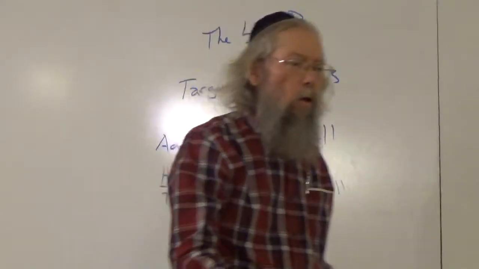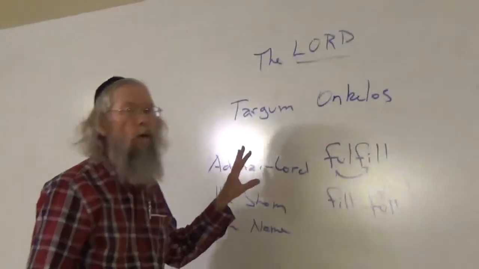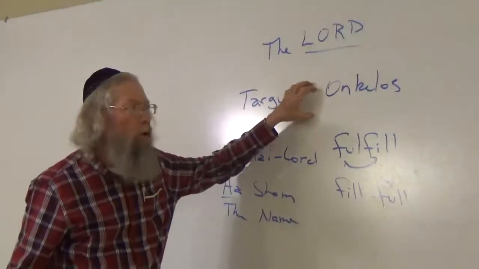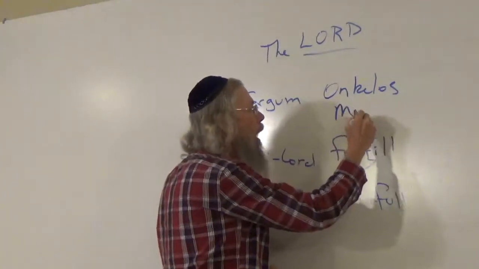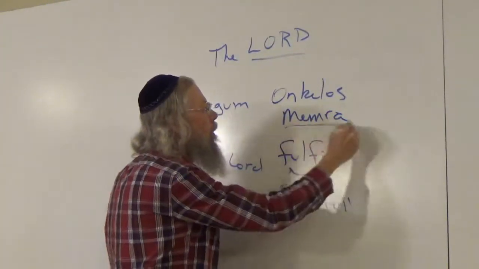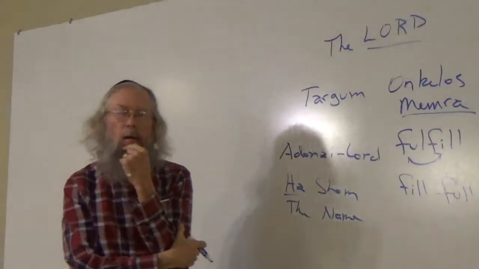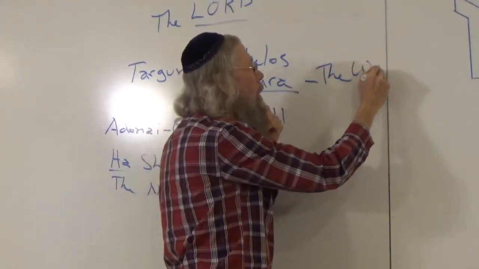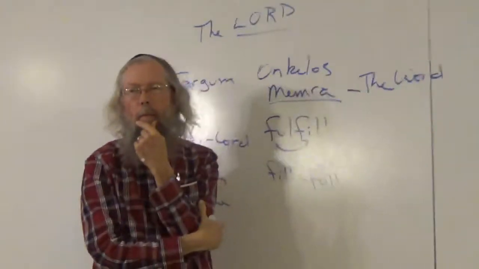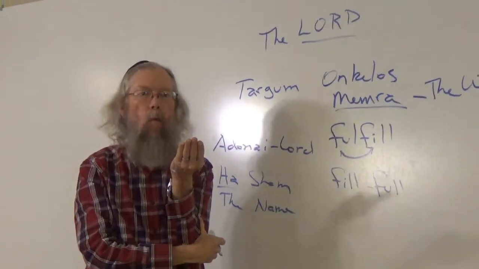Okay? So Onkelos, following the Aramaic tradition, uses the term Memra. What does Memra mean? Memra is Aramaic for the word. And this is to which John was referring in John 1:1.